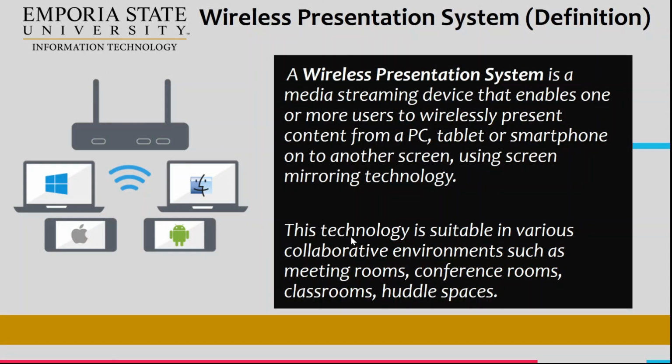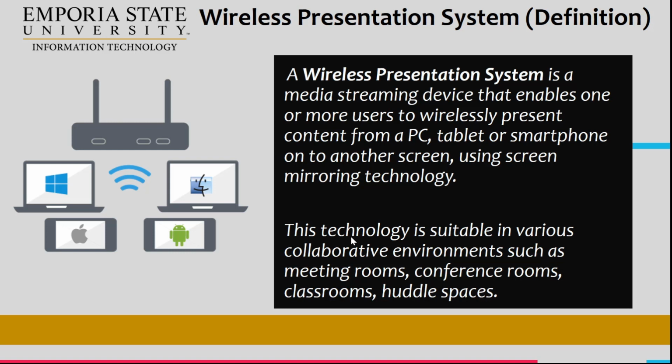To start off, we'll go over what is a wireless presentation system. Wireless presentation systems are usually a piece of hardware, but can sometimes also be software that allows a user to wirelessly present content from either their own PC, tablet, or smartphone to another screen inside of your learning space.